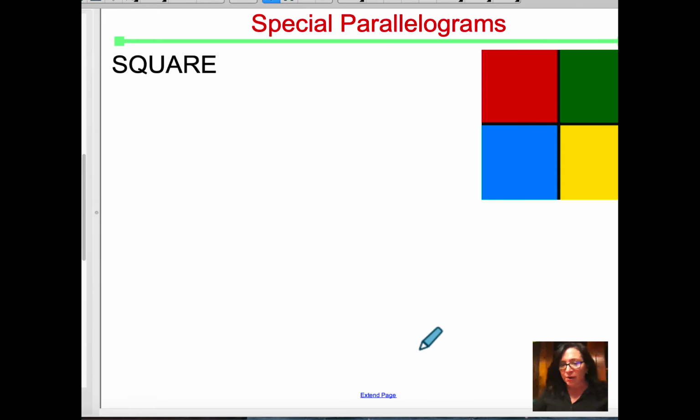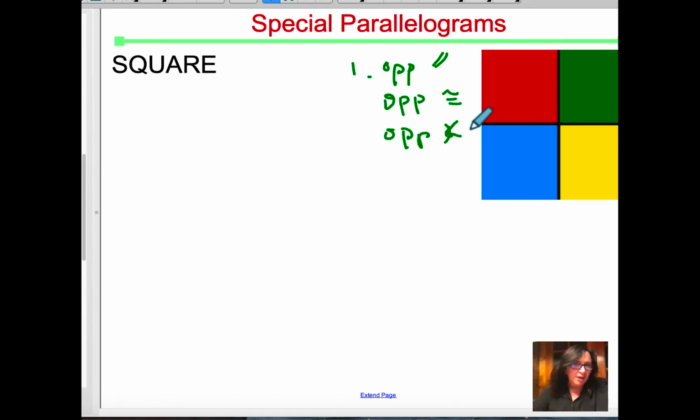Now a square has all the parallelogram attributes as well as all the rectangle and the rhombus. So the square is like taking in all that power from everywhere. So basically a square, in addition to, right, it being opposite sides parallel, opposite sides congruent, opposite angles congruent, and diagonals bisecting each other.